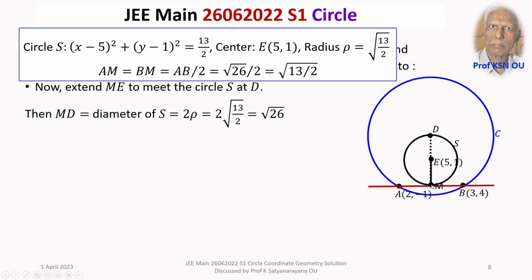Then MD will be what? ME is the radius, ED is the radius. MD will be 2 times rho, that is the diameter of the circle S. So that will be 2 times the square root of 13 by 2, rho is root of 13 by 2. So we claim D is the center of the circle C that lies on S.